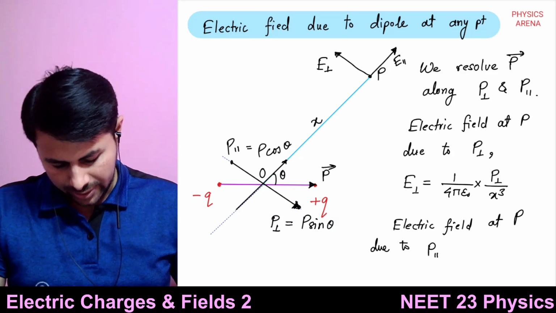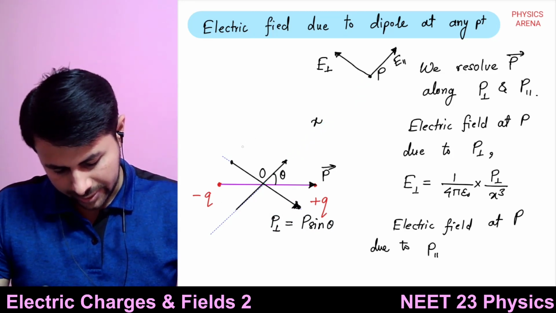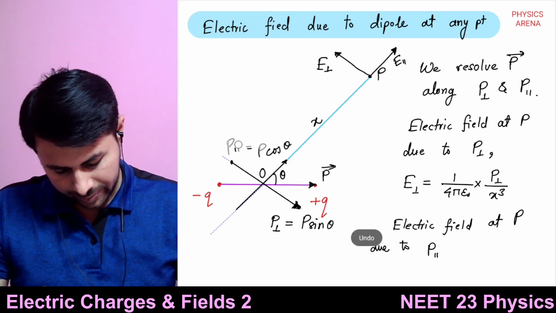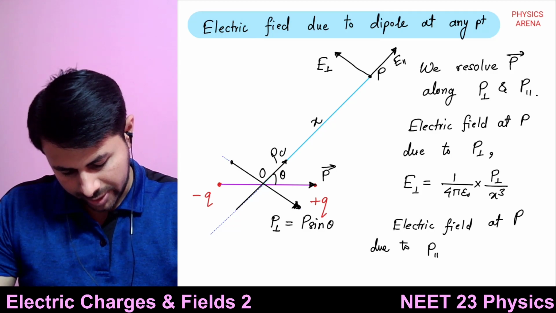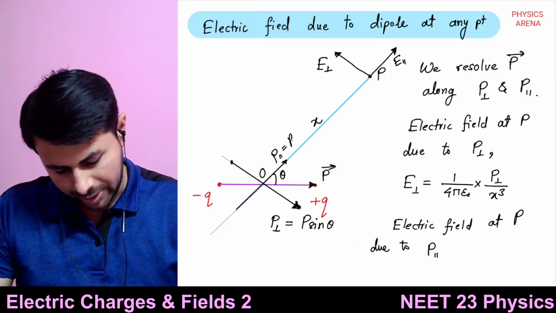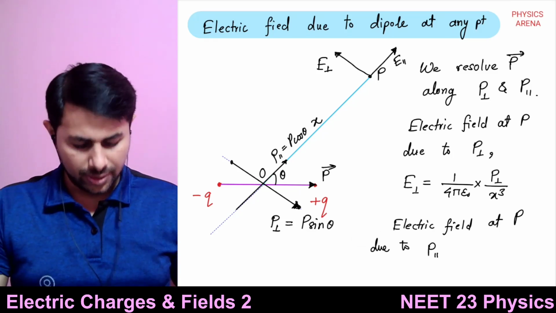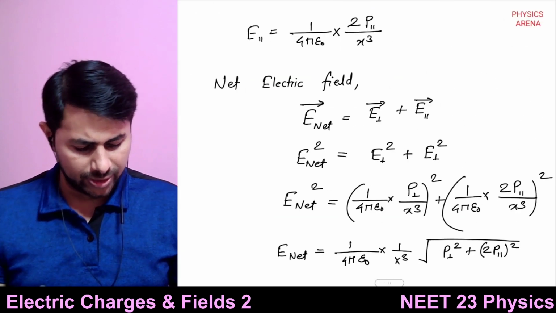And P parallel is dipole moment of this dipole. It is P parallel equals to P cos theta, right? So P parallel is P cos theta and P perpendicular is P sine theta.